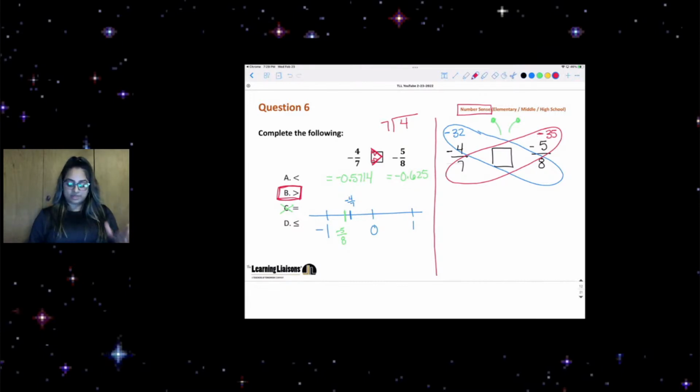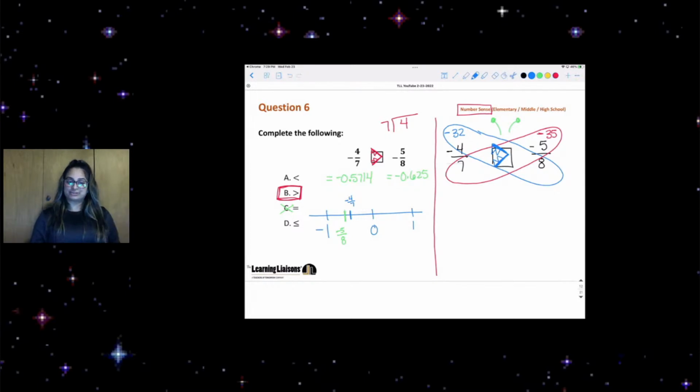Okay, so now I'm comparing negative 32 and negative 35. Remember, the closer you are to 0, so the less debt you have, the larger you are numerically. So who goes in the middle? Negative 32 is larger than negative 35.